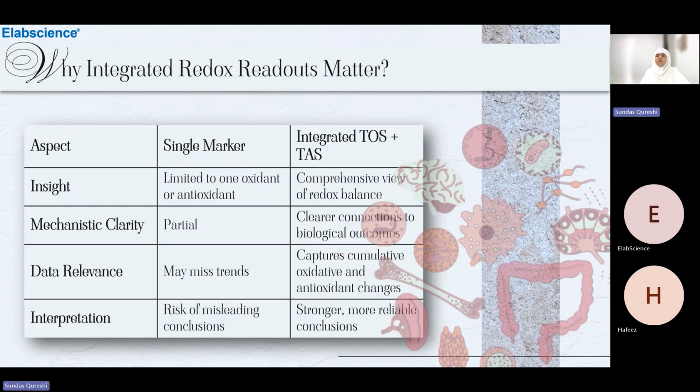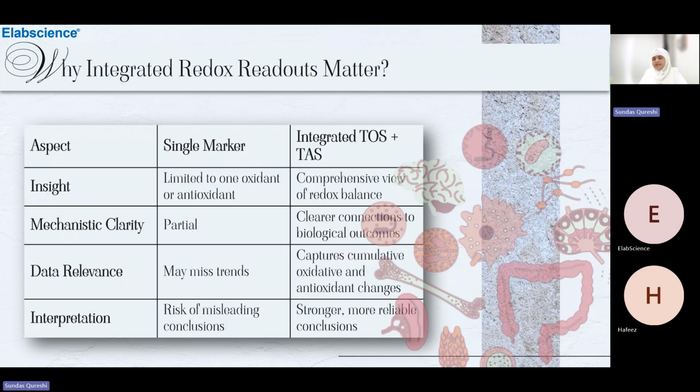This approach provides us with a clear mechanistic understanding, stronger connections to biological outcomes, and more reliable, relevant data sets. Essentially, integrated redox readouts allow us to make better evidence-based conclusions about oxidative stress and ultimately its impact on cells, tissues, or disease models.